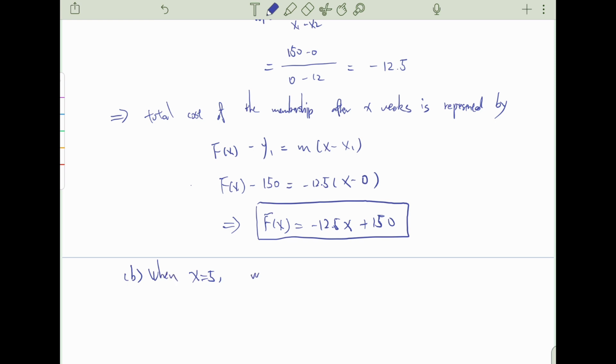We have that f of 5 equal to negative 12.5 times 5 plus 150.